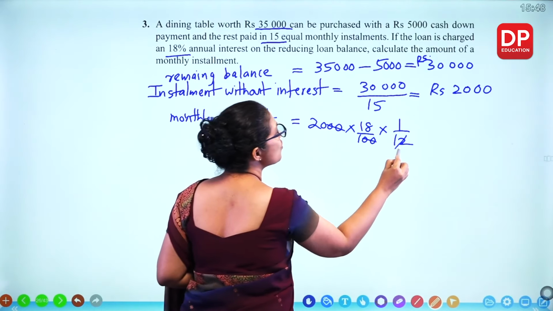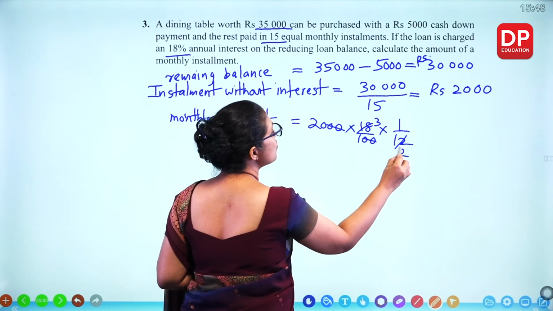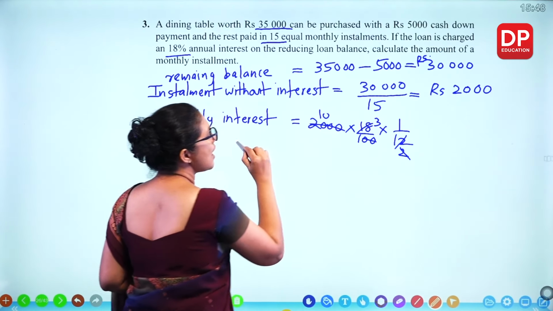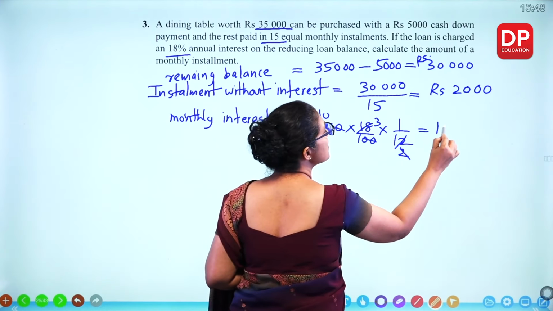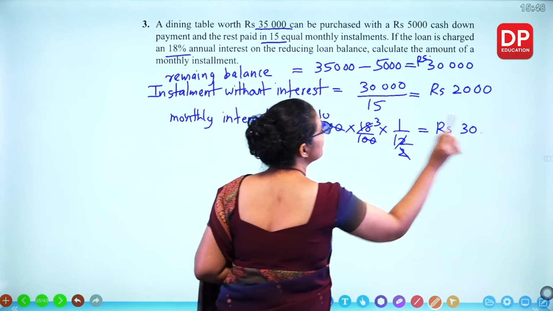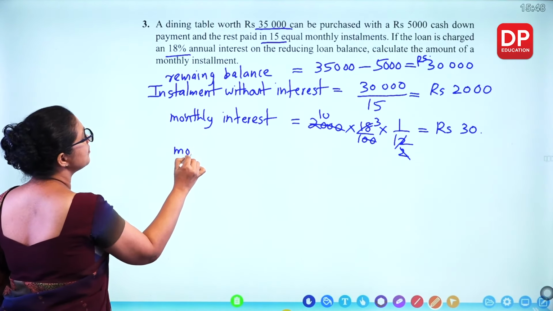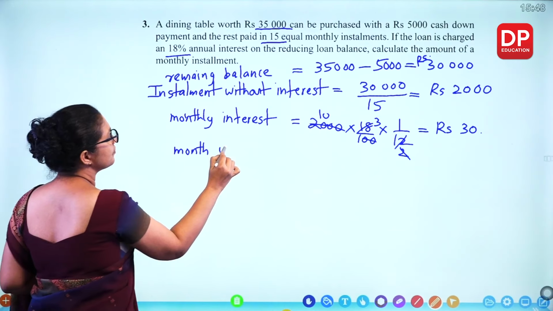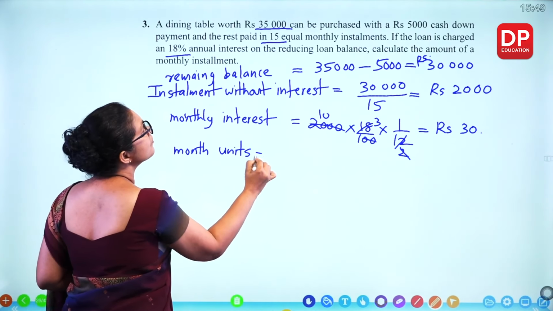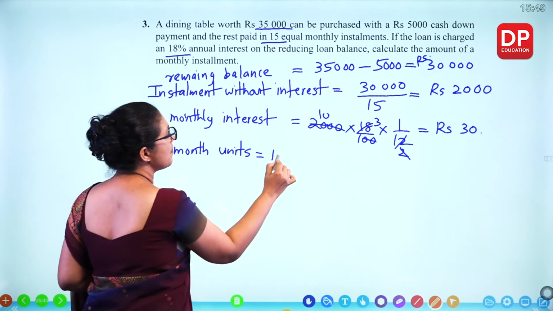So 6 times 2, 6 times 3. 2 times 10, 10 times 3, 30 rupees. So how many month units are there? This is 15 equal months.